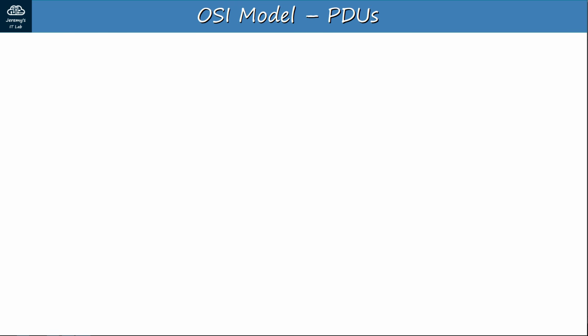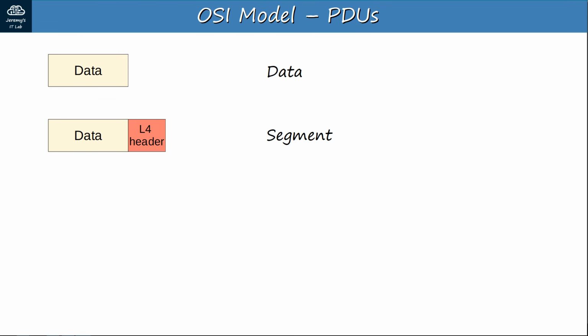Since we're going to look at the IPv4 header, let's review its position in a complete frame. So, the upper layers of the OSI model prepare some data to be sent to another device. It is encapsulated in a layer 4 header, typically using the TCP or UDP protocols, which we'll talk about in a future lesson. This combination of data plus layer 4 header is called a segment.